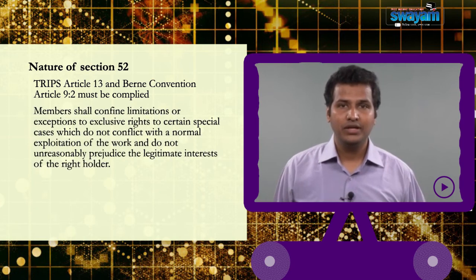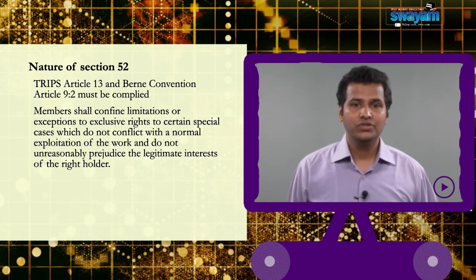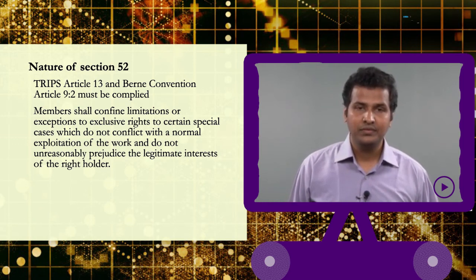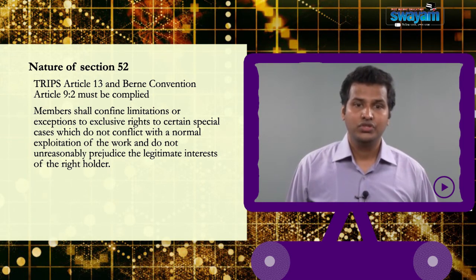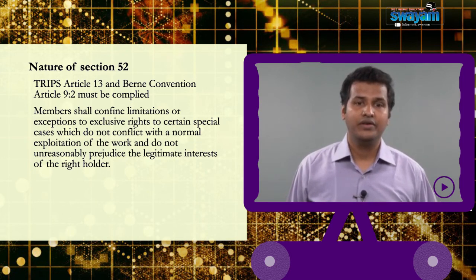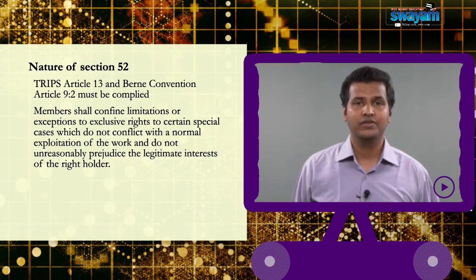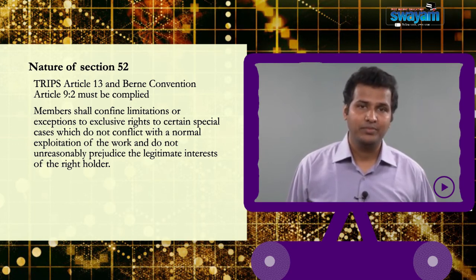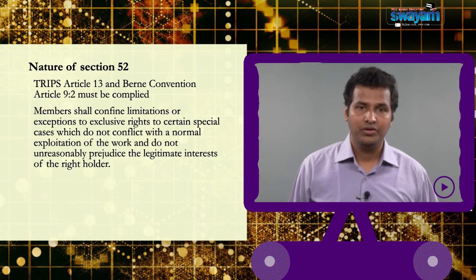It says that members shall confine limitations or exceptions to exclusive rights to, first, certain special cases; second, which do not conflict with the normal exploitation of the work; and third, which do not unreasonably prejudice the legitimate interest of the right holder. The same language is used in article 9(2) of the Berne Convention, however the word right holder is replaced by the word author.